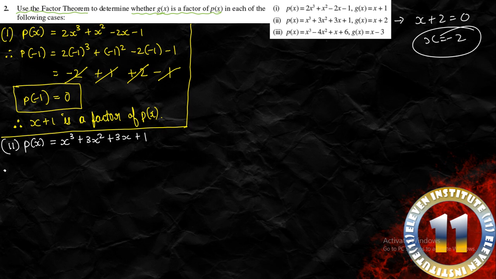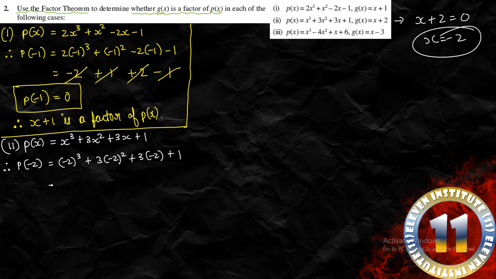Let us find over here P of -2. So this is -2 the whole cube plus 3 into -2 the whole square plus 3 into -2 plus 1. That's it. Wherever we find x, we have put -2.